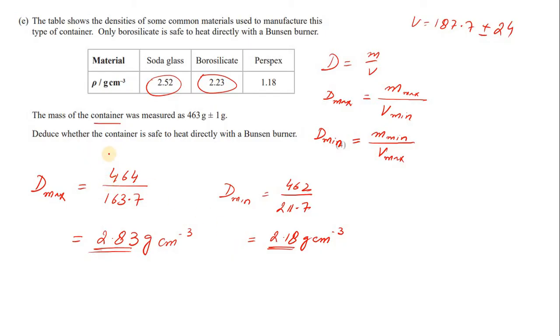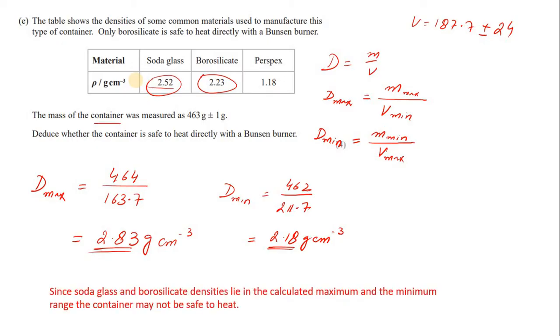So the container can be a soda glass or a borosilicate. So we are not sure whether it is safe to heat or not, because it can be borosilicate, it can be soda glass. So on the basis of this calculation, this is our conclusion.